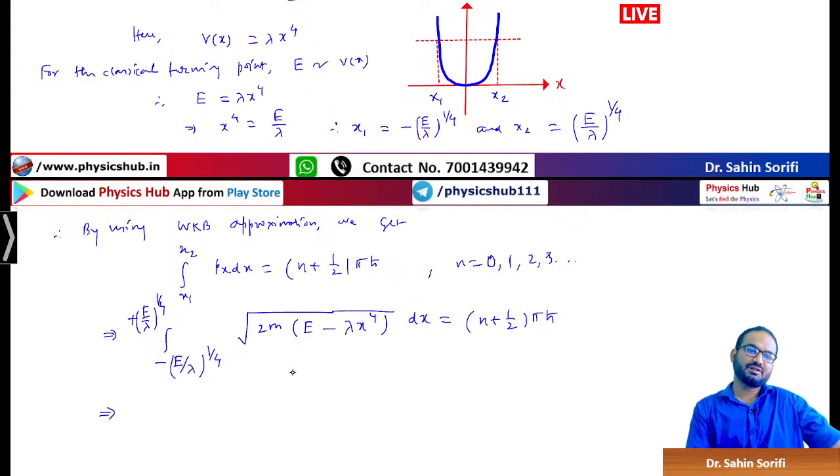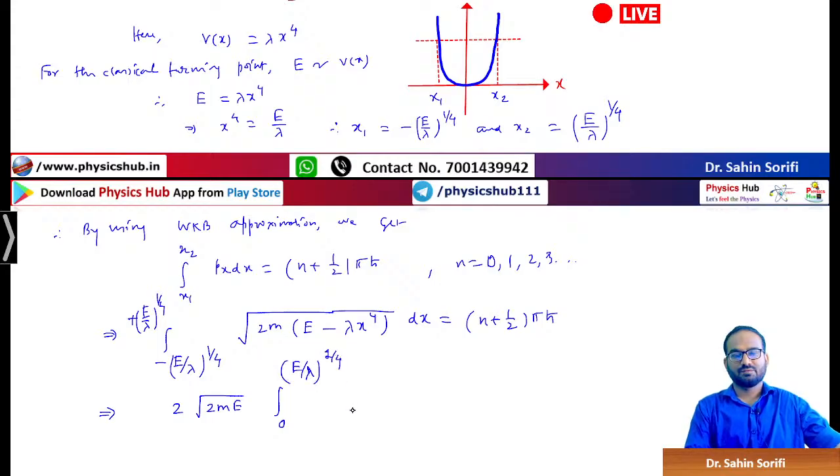So here also this is an even function, so square root of twice mE you can take outside along with 2, so this becomes 0 to E by lambda to the power 1 by 4, and what you are left with is the integration of square root of 1 minus lambda x to the power 4 by E, dx.